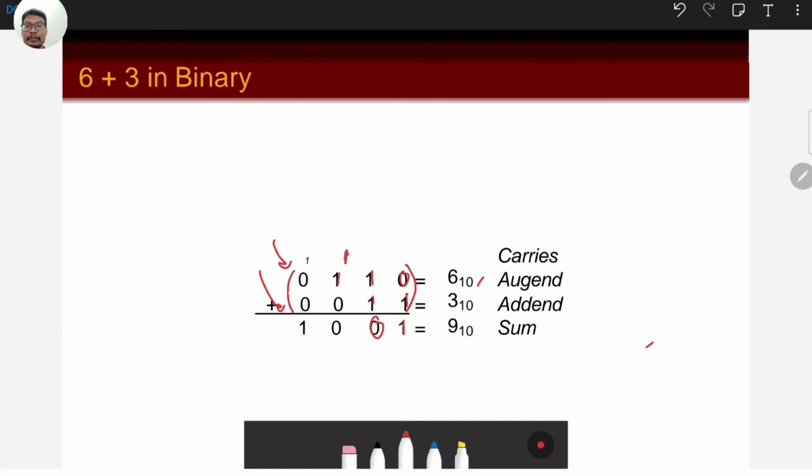Then 1 plus 1 is 2 as well, so we put 1 and 0. Now this becomes 1 plus 0 plus 0, so the sum is 1. Finally we get our sum equal to 1001, which is equal to 9 in decimal.